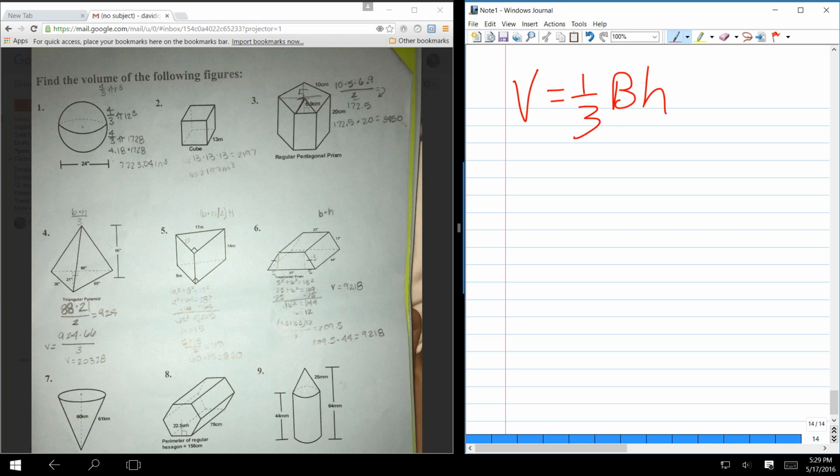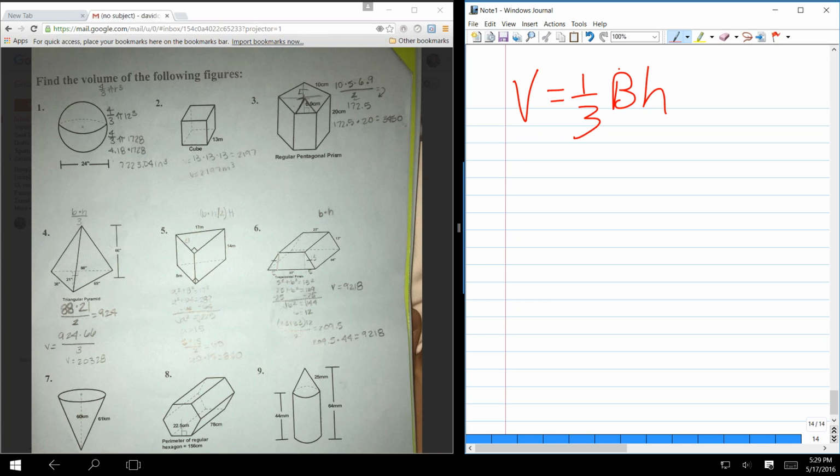In other words, whenever anything goes to a point, you lose 2/3 of the volume. Same with number 4. It's not a cone, but it goes to a point. So it's going to be capital B times H divided by 3. Or as I like to do, I like to put the 1/3 first, so I never forget it.